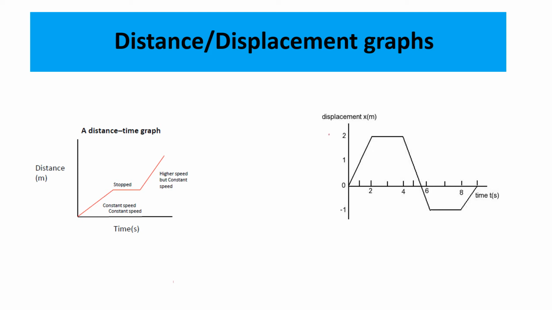But when you plot a displacement time graph, you are interested in its direction also. In this graph, at this point, you can see the body is changing its direction. As I told you, it can have negative values also. You will not see any negative values for this distance time graph.